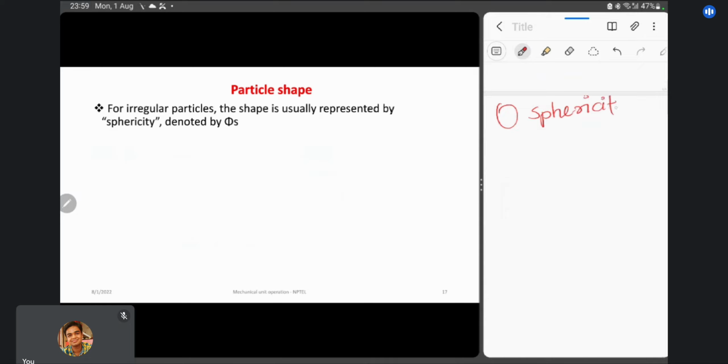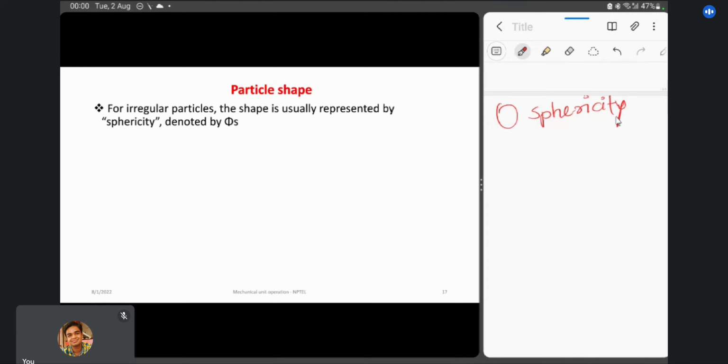quantity known as sphericity. In layman's language, anyone can understand that sphericity is how near any irregular particle is to a sphere. If the sphericity of a particle is 1, then we can say this particle looks exactly like a sphere.